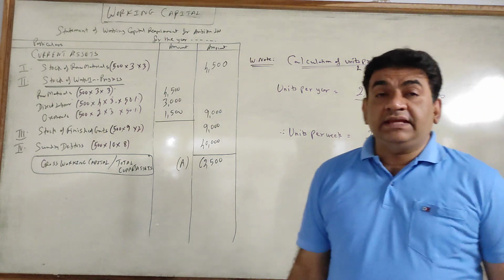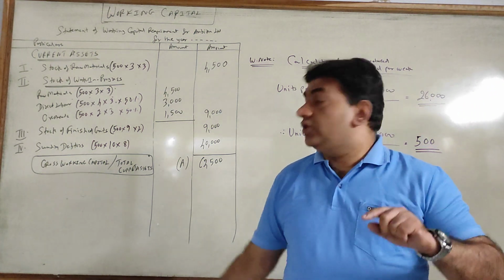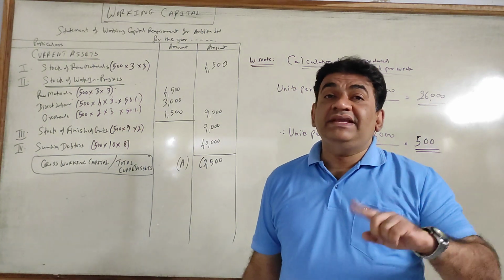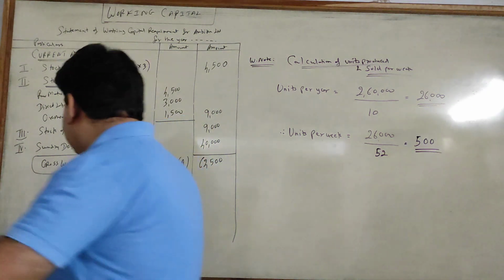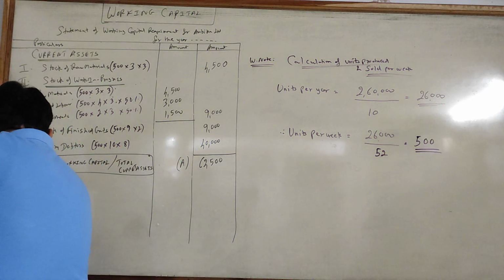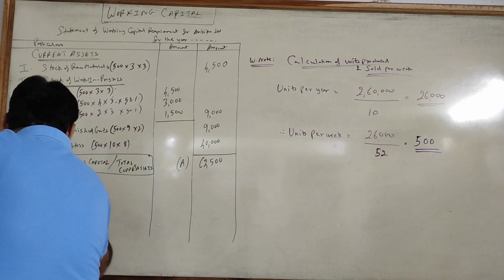Now what is the name of the chapter? Working capital. I need working capital, not gross, net. Net means after deducting the liability. So what I do, I got the current assets. From this current assets, I will deduct current liabilities.